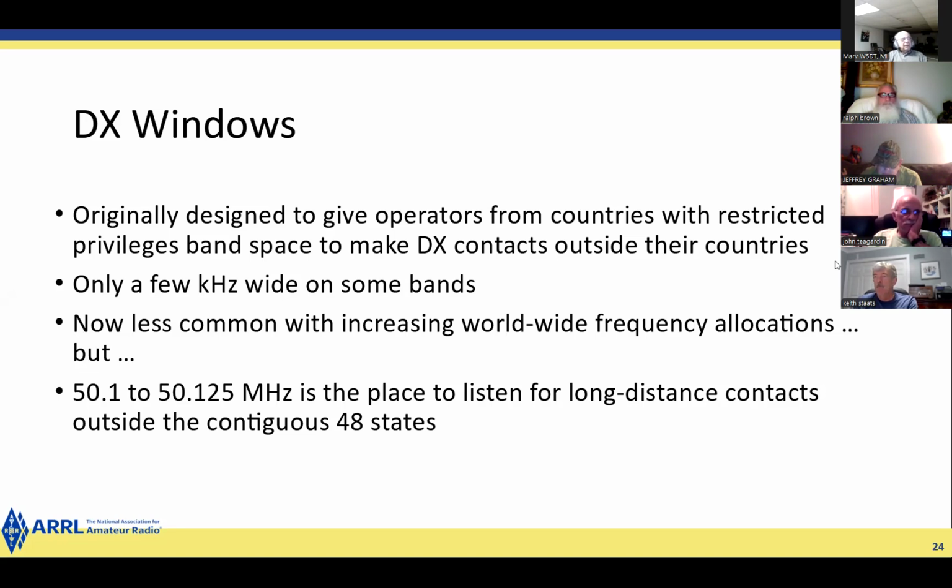I haven't, frankly, used the 50.1 to 50.125 megahertz for long distance contacts, so I can't really speak to it too much. Perhaps Wes or John have used it, but I have not.